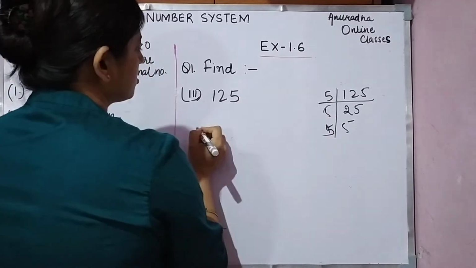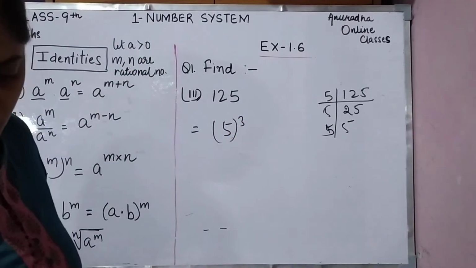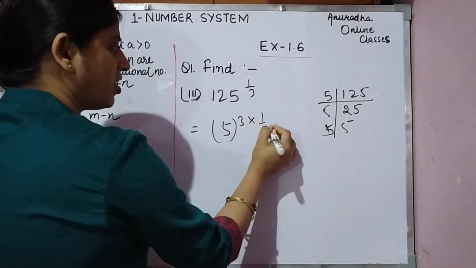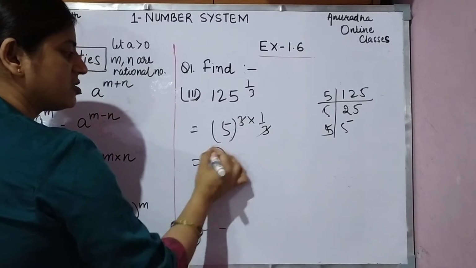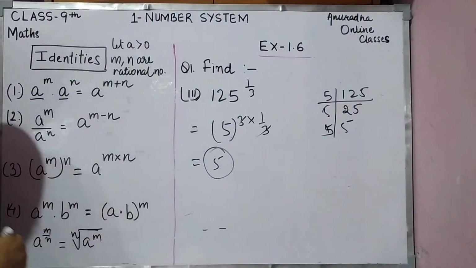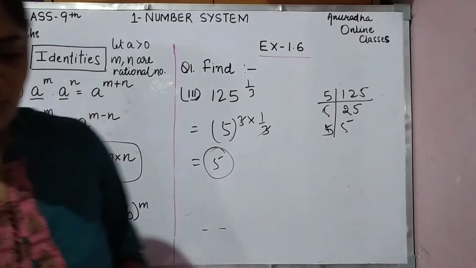Okay, so this is equal to 5 का cube. Okay, but what is our question? That is 1 by 3. So into 1 by 3, 3 cancel. What you will get? You will get 5. Okay, here again we have used the same property, this one. Okay, so first question is completed.